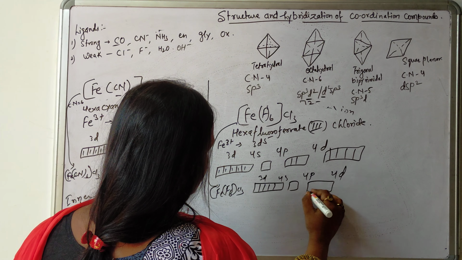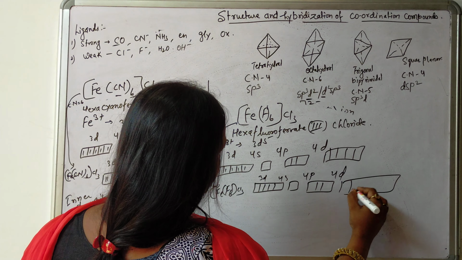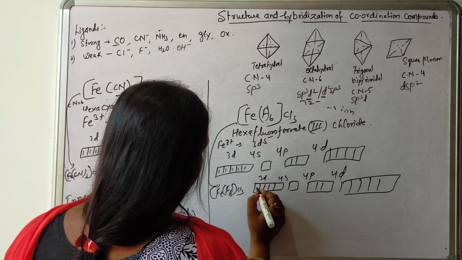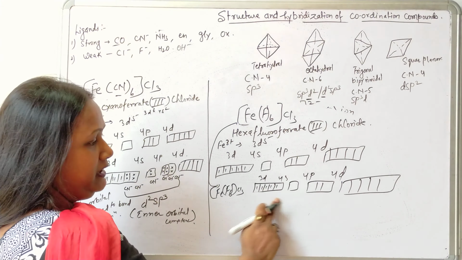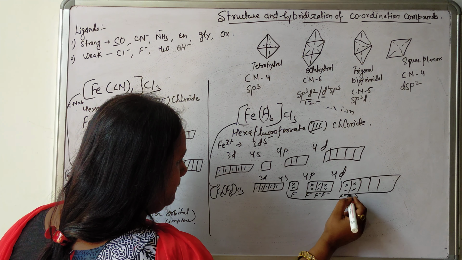4s, 4p, 4d, 3d. Because it is a weak ligand, it will not push the metal electrons to pair up, so all the ligand electrons will be filled in the outer shells. Okay. Then the hybridization here, what? F minus, F minus, F minus, F minus, F minus, F minus.